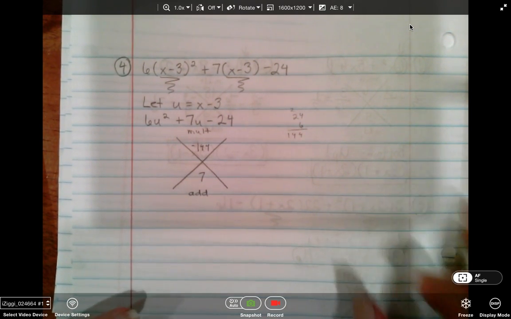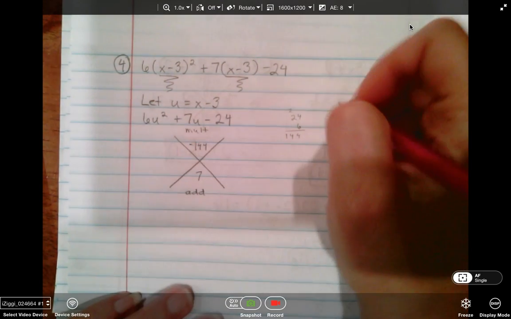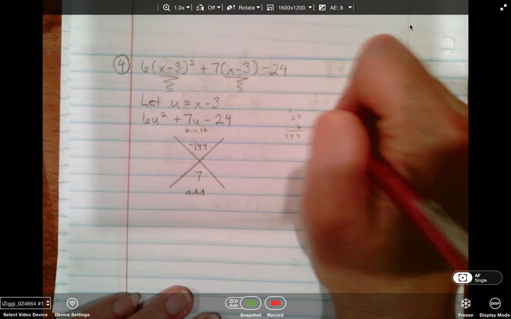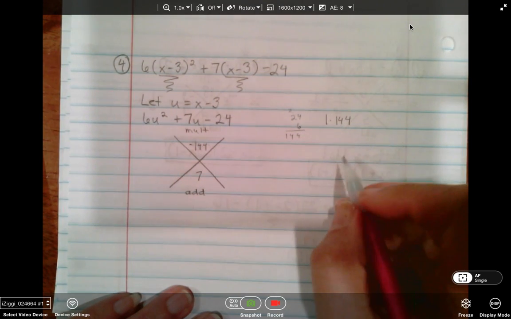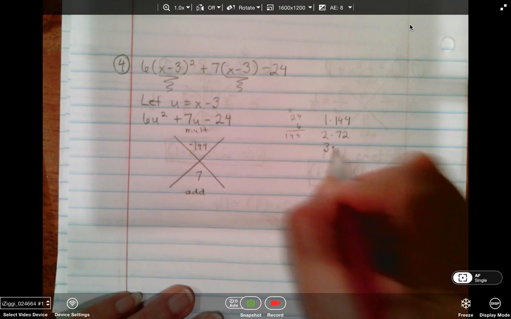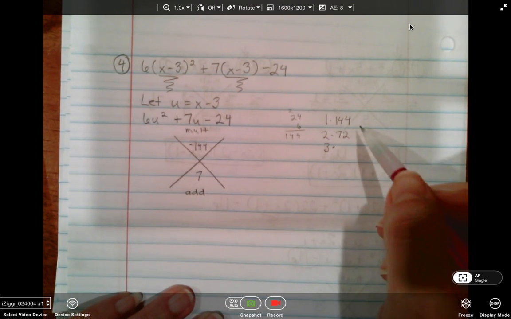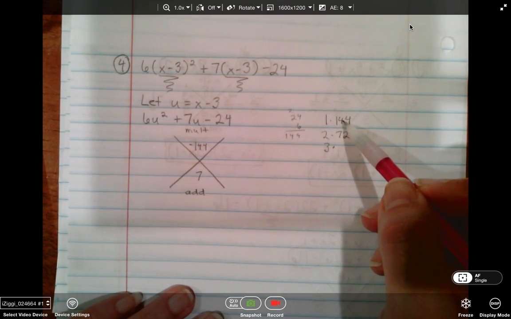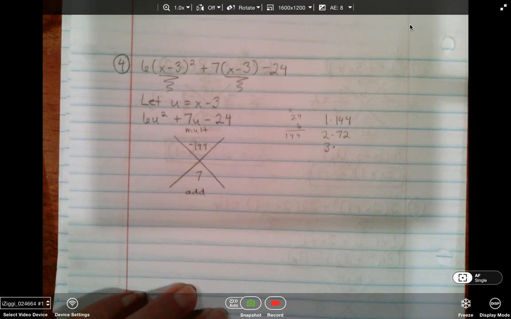So I'm going to go over here and I'm just going to write down a list of factors. So I'm going to have 1 and 144. Well, I know that's not going to be it. 2 and 72. 3, and 144 divided by 3 is going to be 4.